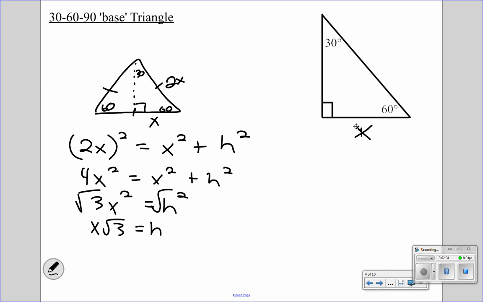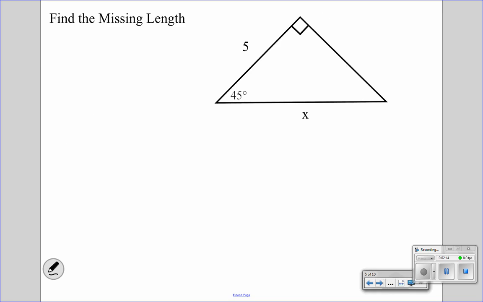So our 30, 60, 90 base triangle: across from our 30 is x, across from our 90 is 2x, and across from our 60 is x times the square root of 3. So, in this problem, I'm going to change this to be a y, just so we don't confuse ourselves.